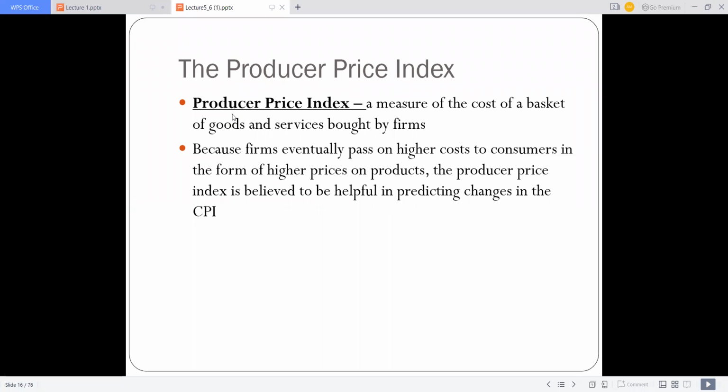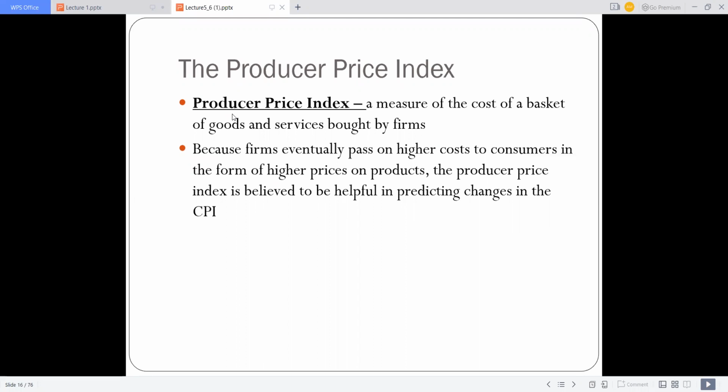I hope you all learned incidence of tax last semester, where the consumer and the producer share taxes within some proportions, right? So sometimes if you want to measure a good standard or good price index, we look out for the producer price index. That will give us a good value of goods and services, or the exact price index in the market.